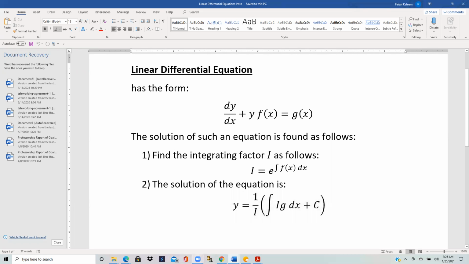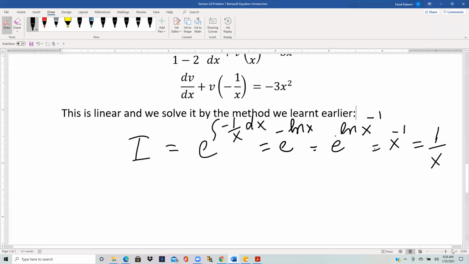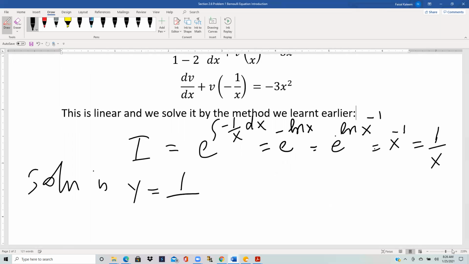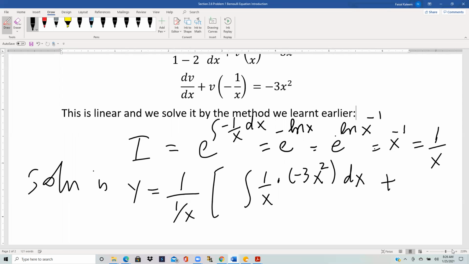So the solution is y equals 1 over the integrating factor, so 1 over x, times the integral of the integrating factor times the right hand side, which in this case is negative 3x squared, plus c.